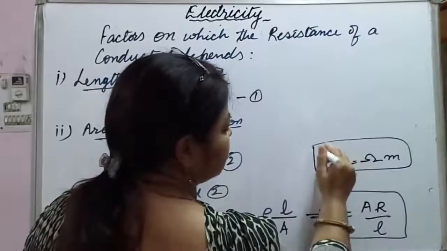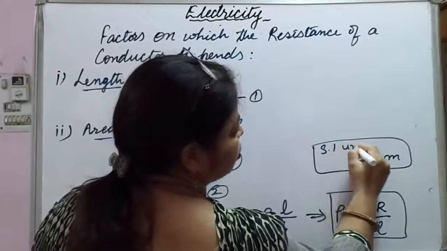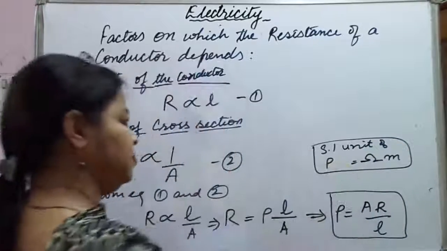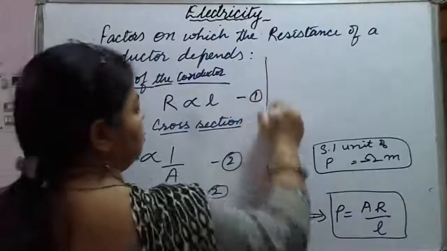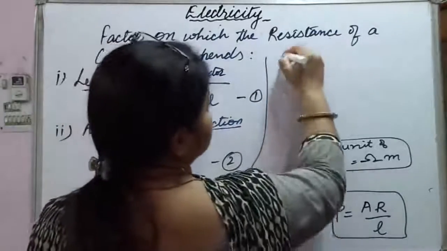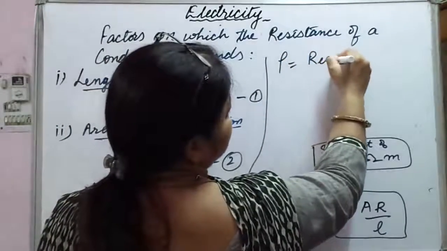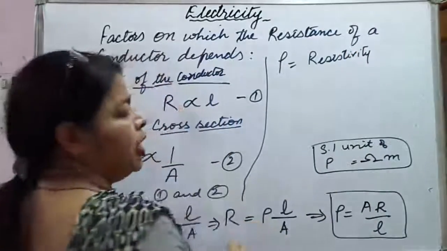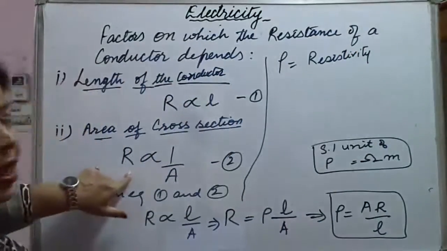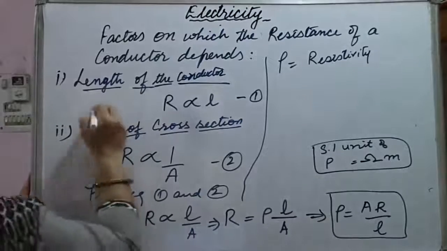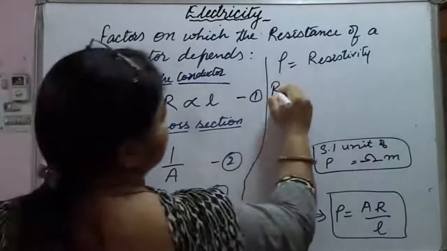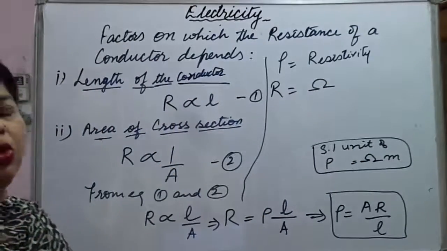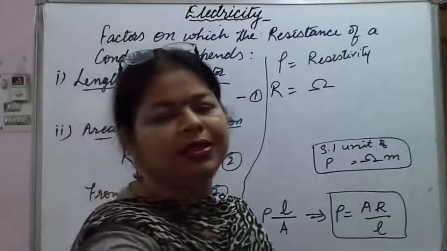Rho is resistivity. Okay. And what is the SI unit of resistance? SI unit of resistance is ohm. Fine. So like this we can discuss the resistivity.